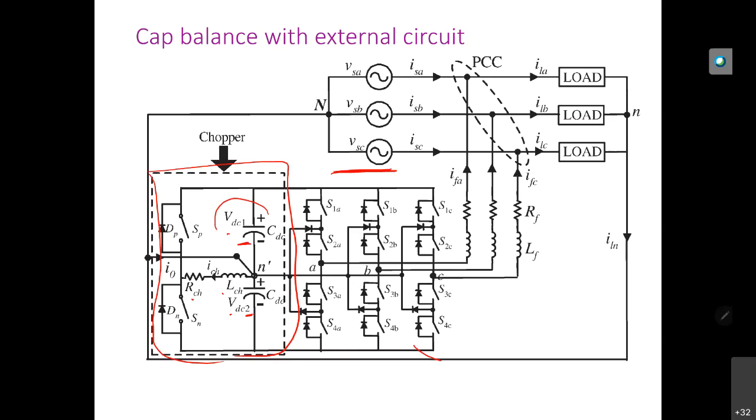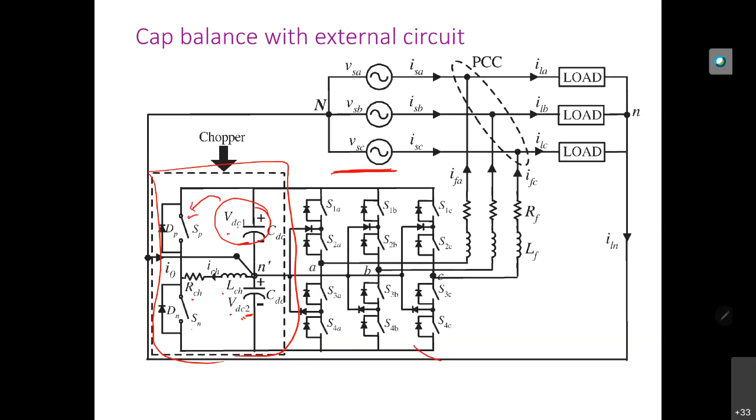Whenever the voltage VC1 is greater than VC2 and greater than the reference, the switch is turned on.